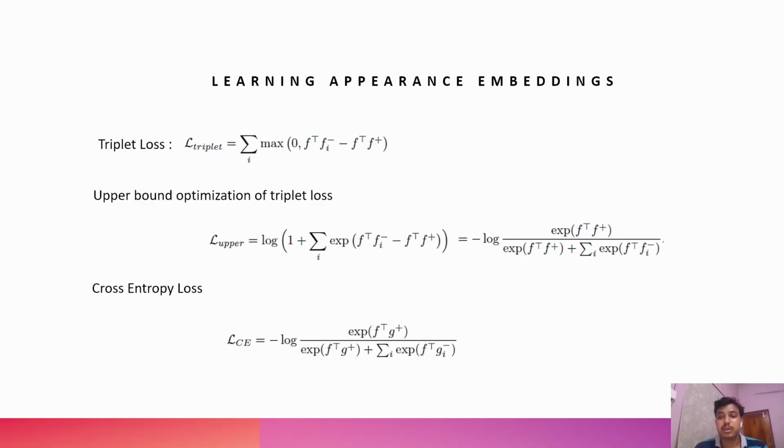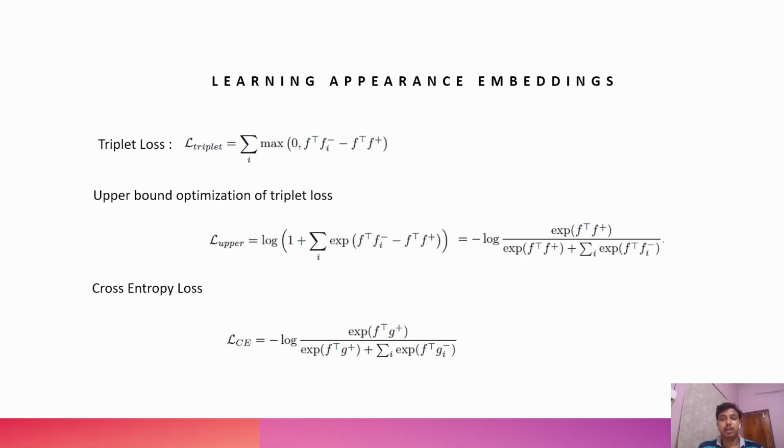So here it is mostly similar to the cross entropy loss. So we can define the cross entropy loss, L CE, as minus log of exponential f_t g plus, divided by exponential f_t g plus plus the summation of exponential f_t g minus.